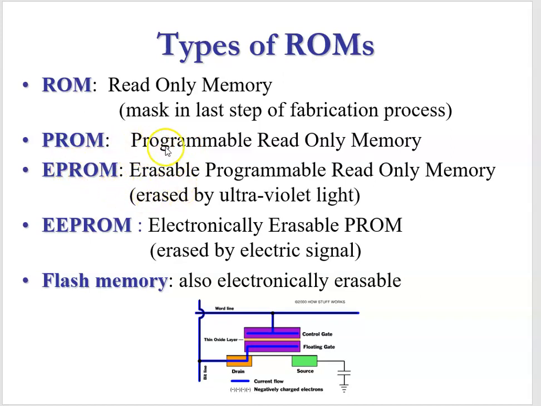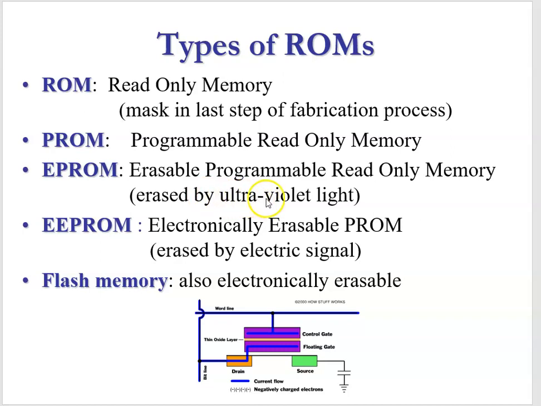A programmable ROM, the user can program, but isn't going to be able to erase it. An erasable programmable ROM, an EPROM, can be erased. The old ones had a little window on the top of the IC, and you'd shine ultraviolet light on it, and it would reset all those connections.